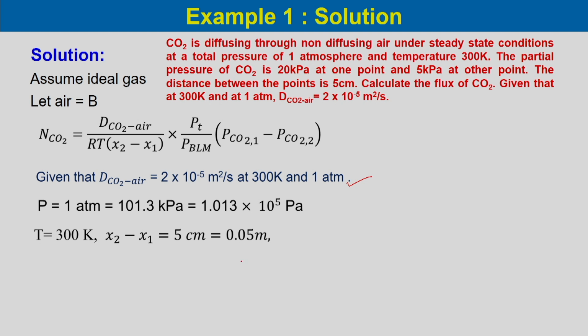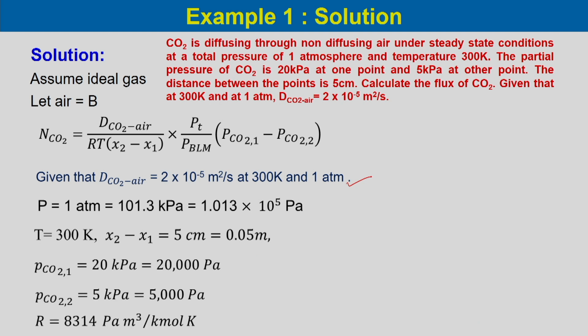If we convert to meter it will be 0.05 meter. The partial pressure of carbon dioxide at point 1 is given as 20 kilopascal, which is 20,000 pascal. The partial pressure of carbon dioxide at point 2 is 5 kilopascal, which is 5000 pascal, and R is given as 8314 pascal meter cube per kilomole Kelvin.